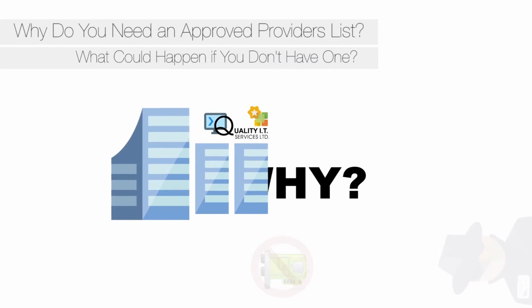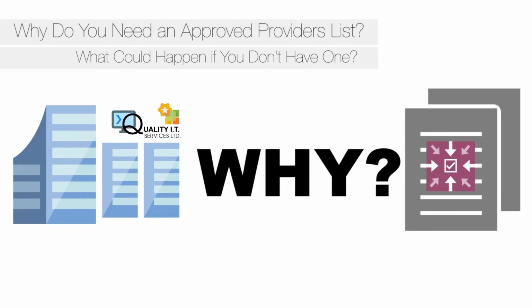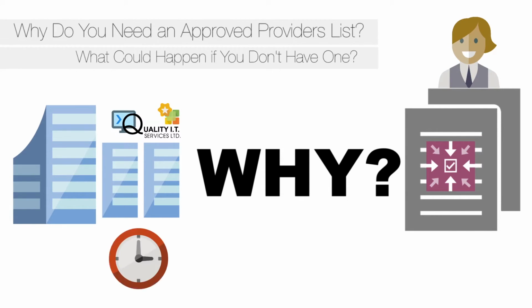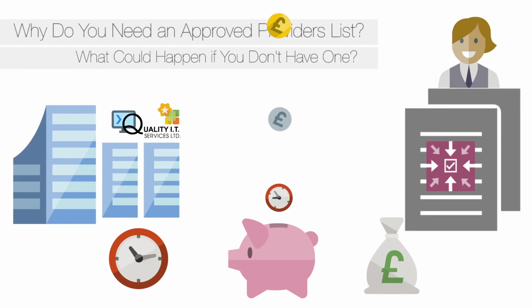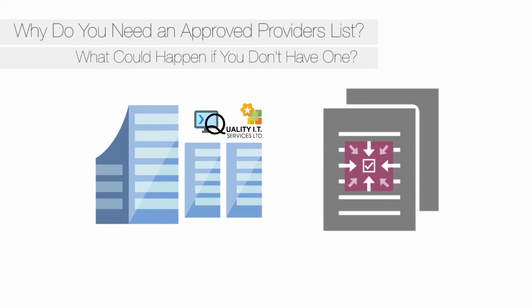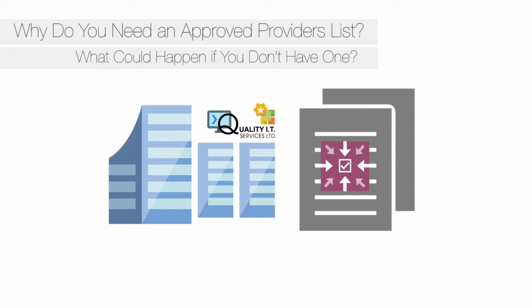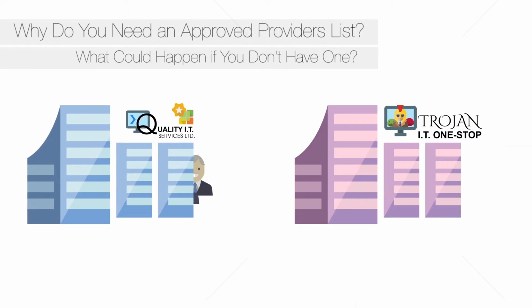Why was this? Because your organisation did not make her aware of the approved provider list. A lot of time and money could have been saved if Charlotte had been told that Quality IT Services had an approved provider list in place. Unfortunately, this mistake may now have cost the organisation many future customers.